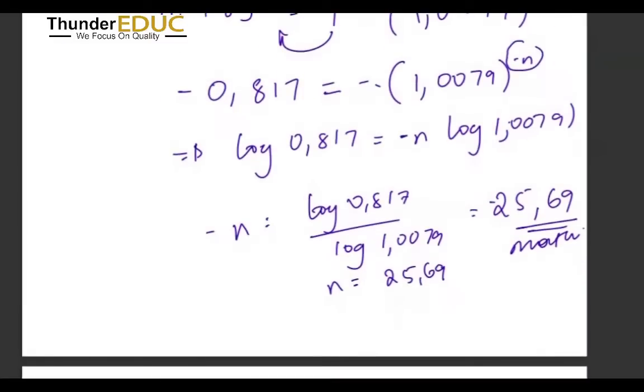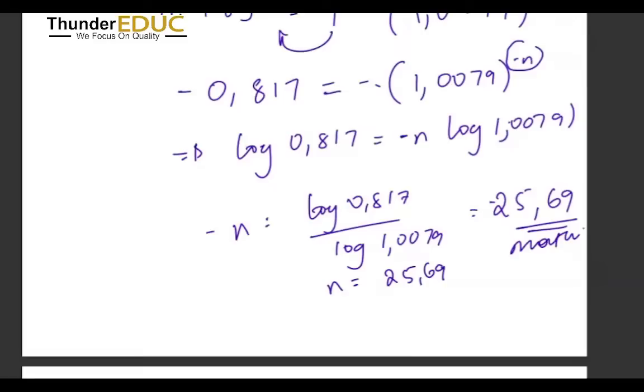But why can't I use 4 decimals? 4 decimals, I think it's going to make much more sense, because I need to use that answer of mine in the next question again. Okay, so it's saying the log 0.817 over the log of 1.0079.